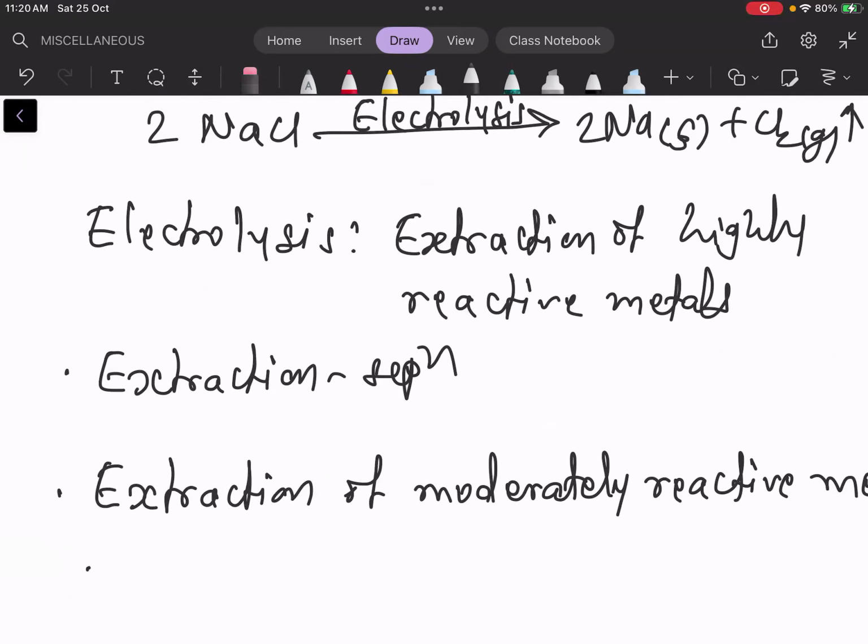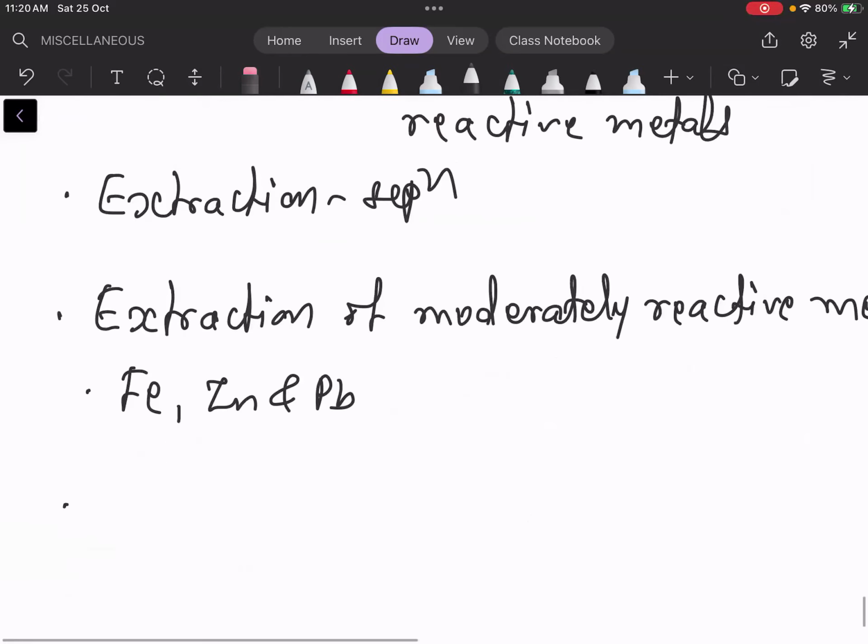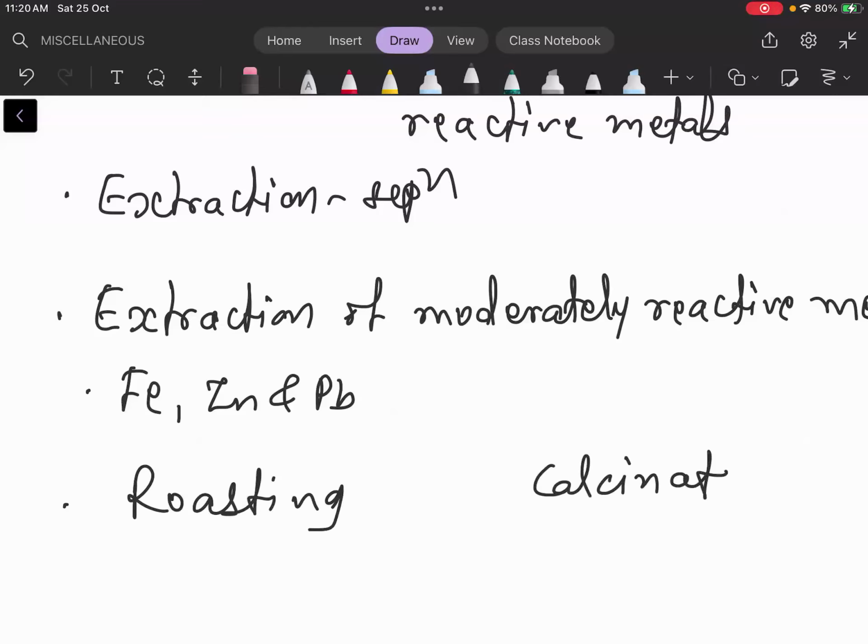Generally iron, zinc, lead, etc. are moderately reactive metals. They are extracted by using roasting and, second, calcination.